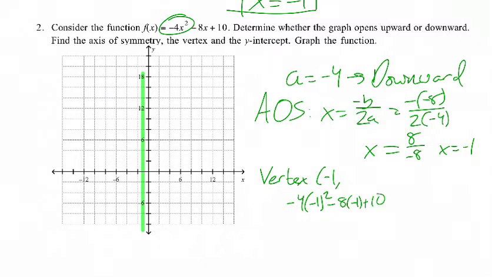Cleaning this up, negative 1 squared is 1, so times negative 4 is still negative 4, minus 8 times negative 1, so that's minus negative 8, or plus 8, plus 10. So that brings us to negative 8 plus 8 is 4, plus 10 is 14. So our y value for our vertex is 14.